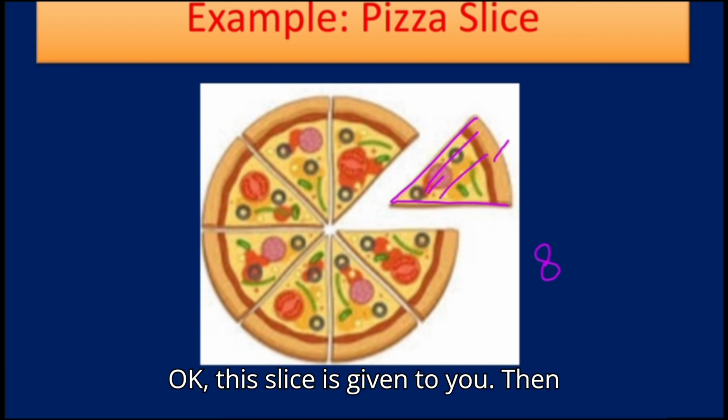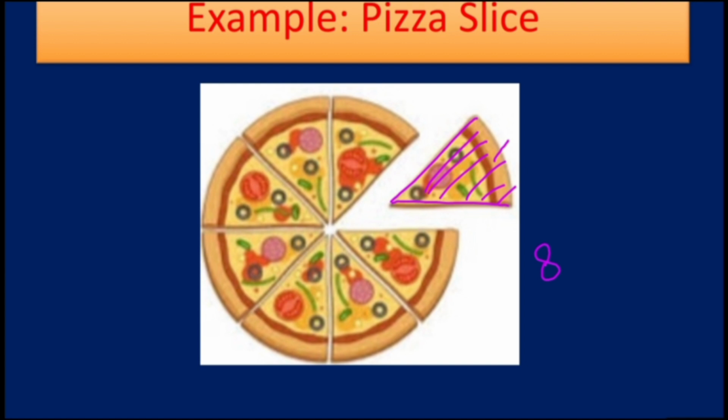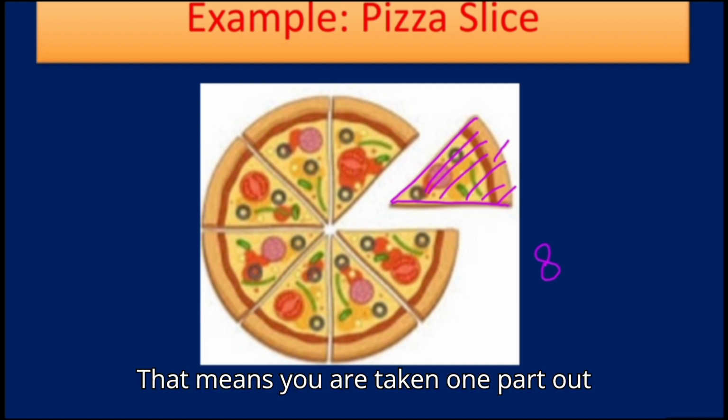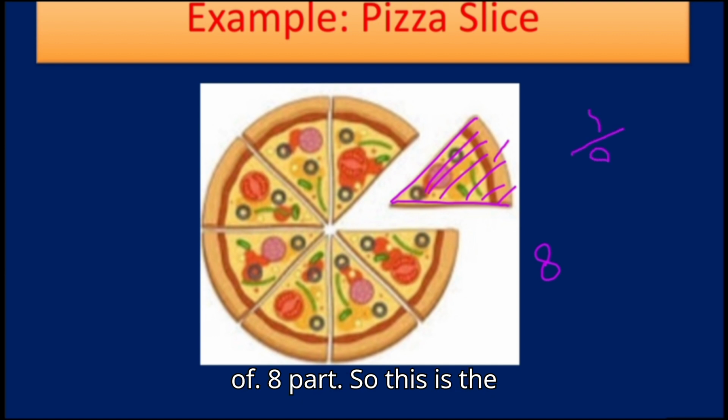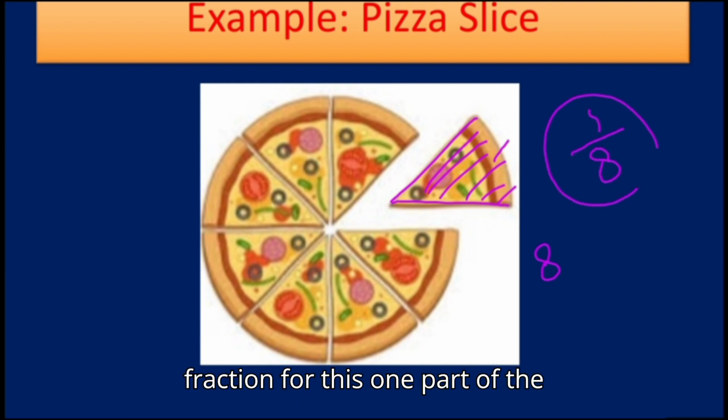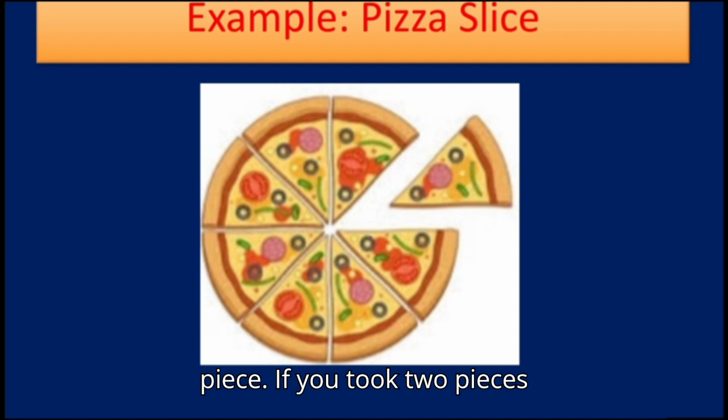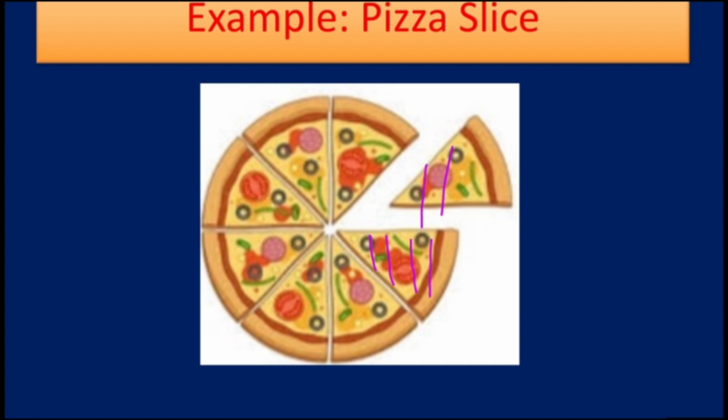The question is how much of the pizza do you have? That means you have taken one part out of 8 parts. So this is the fraction for this one part of the pizza. If you took 2 pieces, then the fraction is 2 by 8.